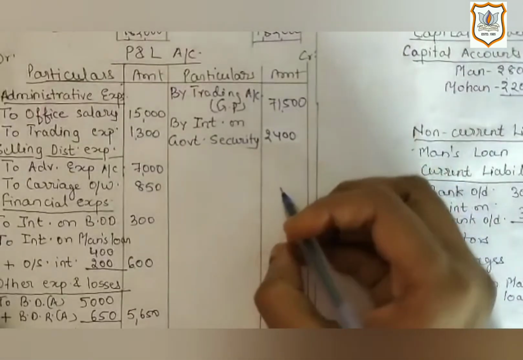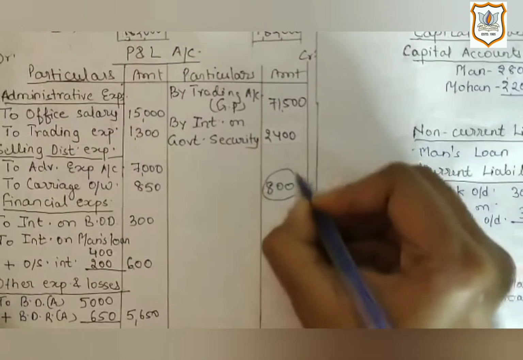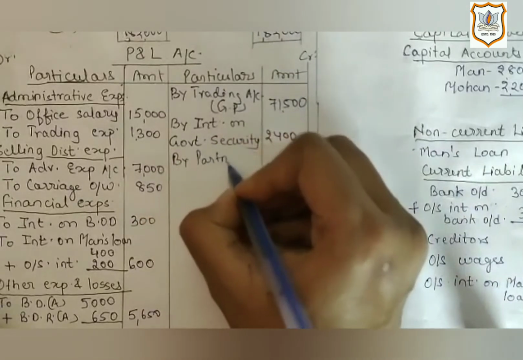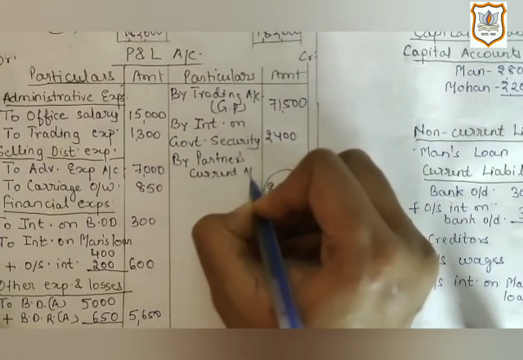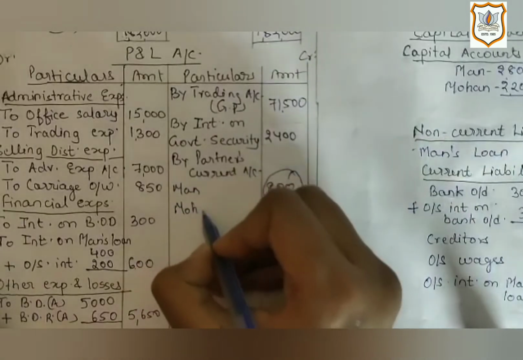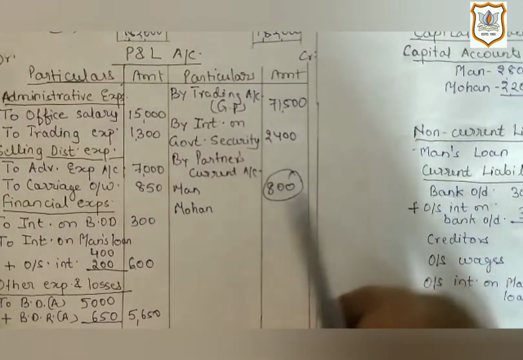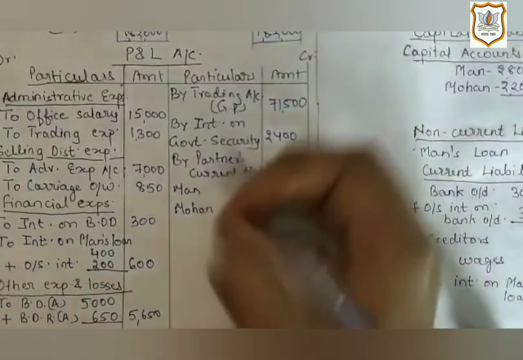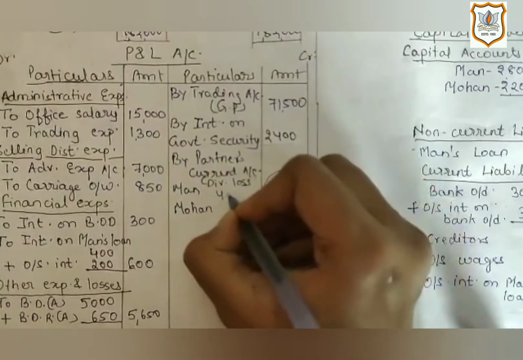So here the difference would appear on the credit side, which is divisible loss, and which will be transferred to the partners' current accounts, Man and Mohan, and it will be distributed to Man and Mohan in equal ratio as mentioned in the question. Divisible loss 400.